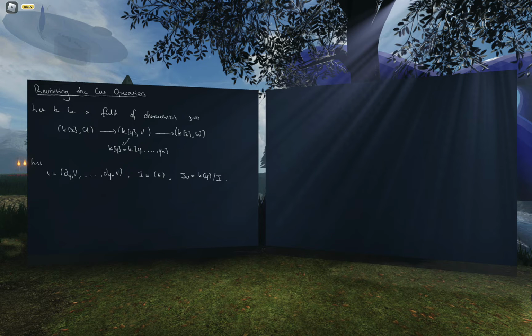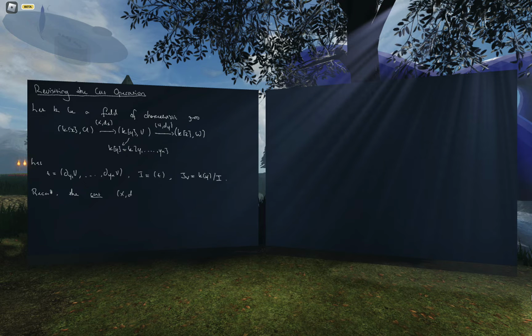Okay, and then we recall the cut. I need some names for these. So we'll call this morphism x and this one y.